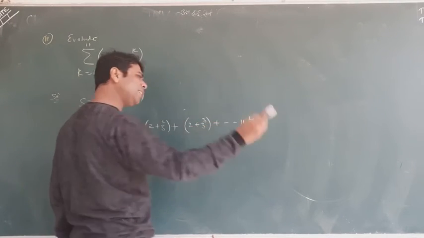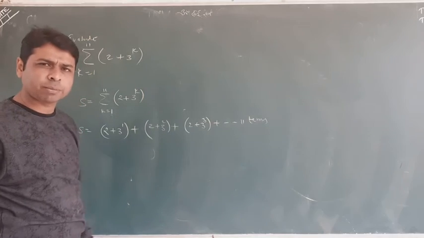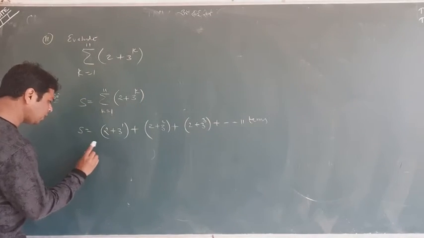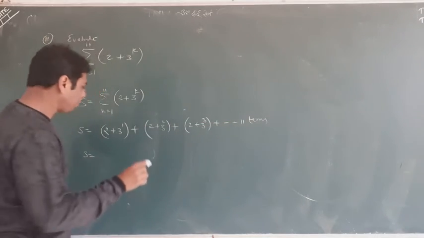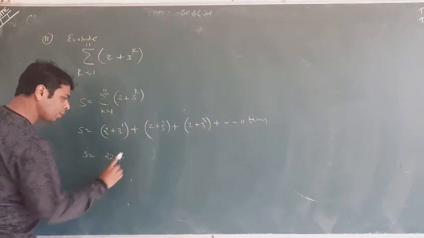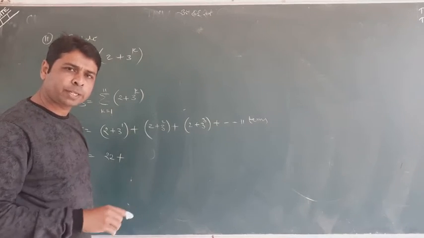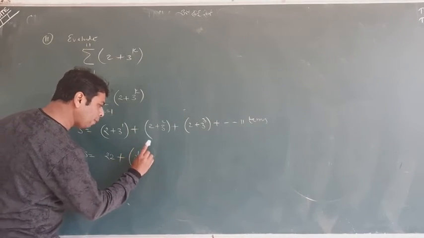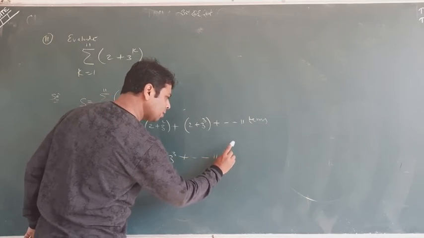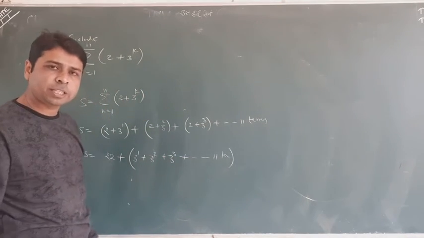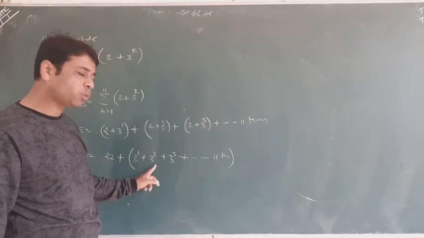You need not write till 11 terms, only write 11 terms. Okay, now the good thing is coming. We can collect 2 how many times? 11 times. So it's 22, 2 plus 2 plus 2, 11 times. But about that 3 to the power 1, 3 to the power 2, 3 to the power 3 till 11 terms. This is not an ordinary one, it is a geometric progression, 3 square, 3 cube.